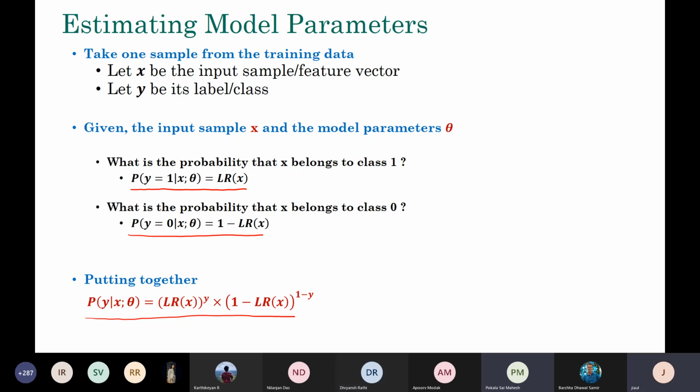Yes, sir. Now why do I want to do this? You have rightly asked this question. I want to use this simplified expression to figure out my objective function, which I will want to optimize to get my model parameters. Next slide, I'm going to show that.